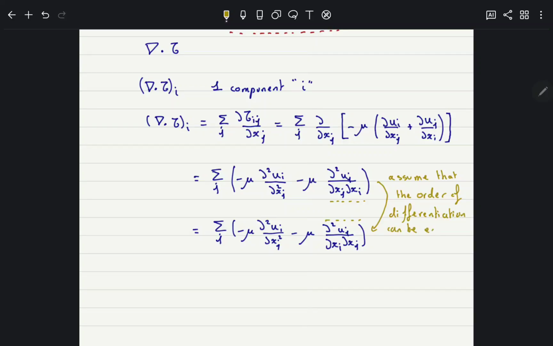If you give a mathematical explanation, that would mean actually that your velocity field is sufficiently smooth, which means that the second order derivatives are continuous.